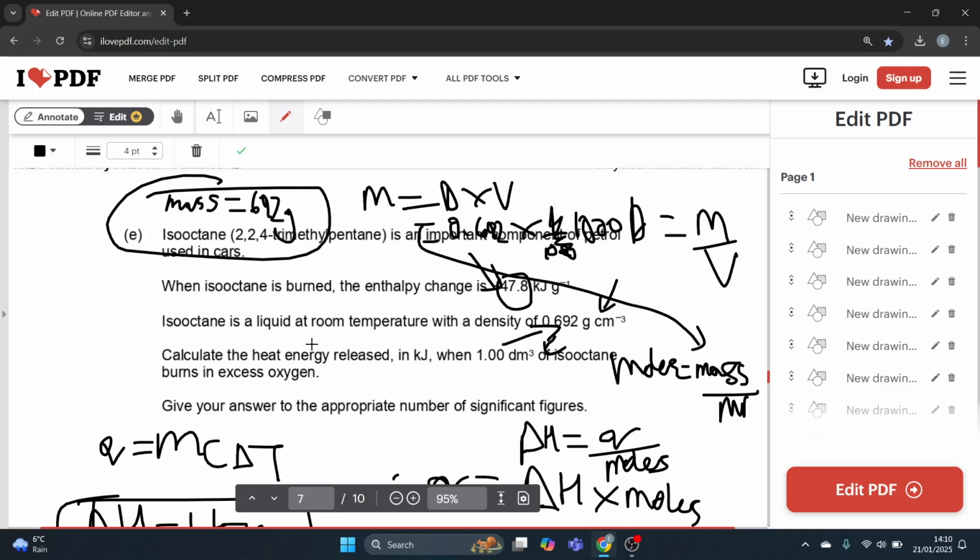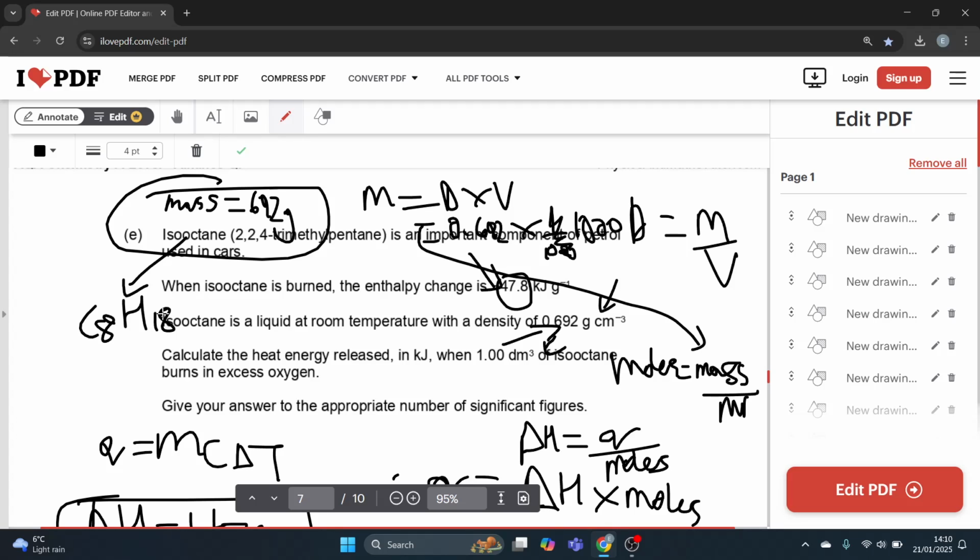Well, trimethylpentane, Mr of isooctane, well, I know it's octane, so it's going to be C8H18. So I'll work out the Mr of that.